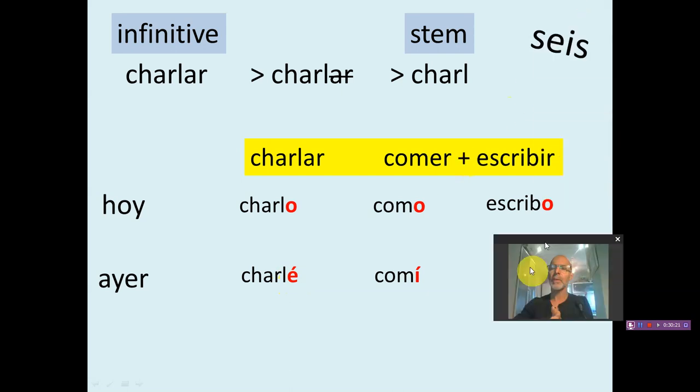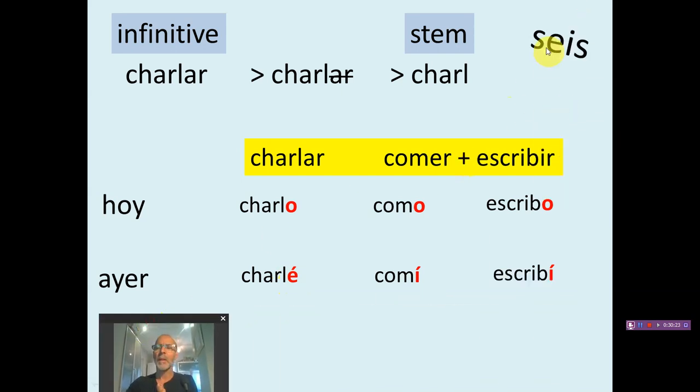Remember the word for number 6 in Spanish, seis, seis. Just remember that, and it reminds you how you pronounce the two vowels. So E is always pronounced like A, A-Y. So this is charlé. And also remember the stress with that accent is on the end.